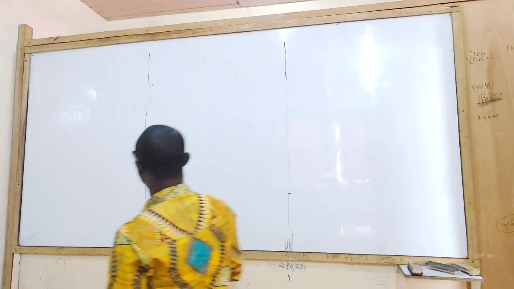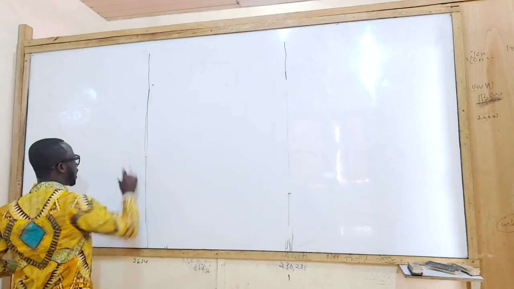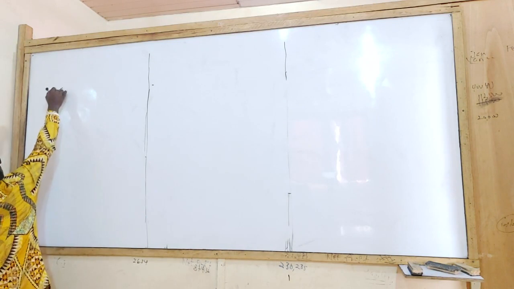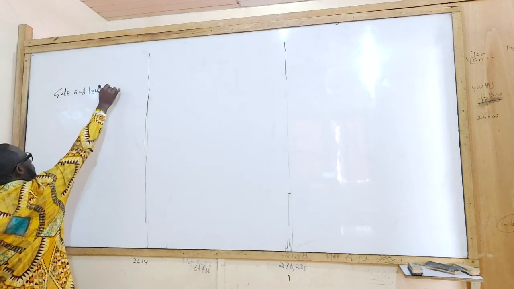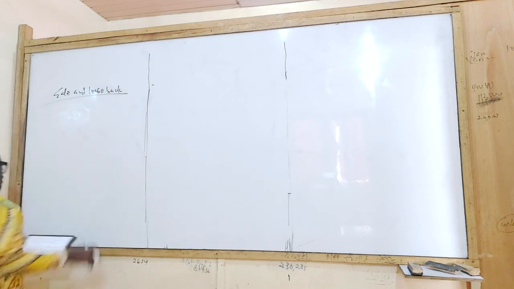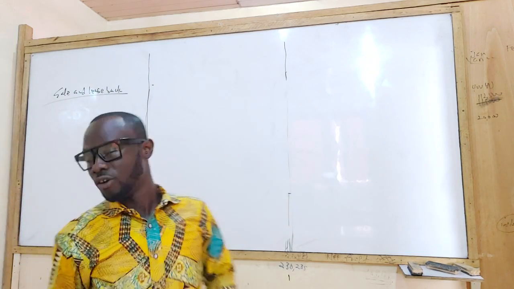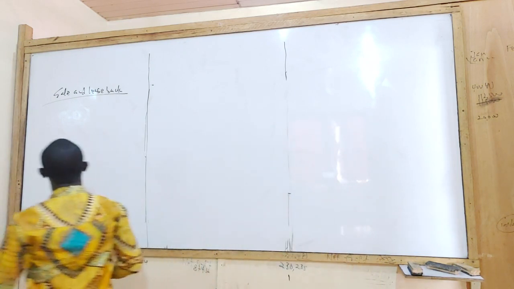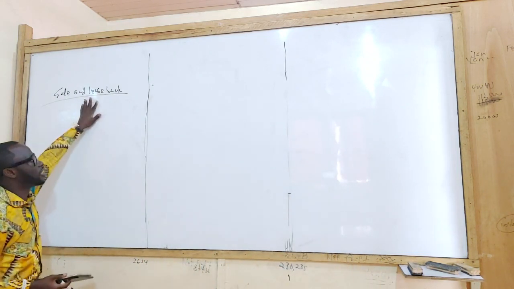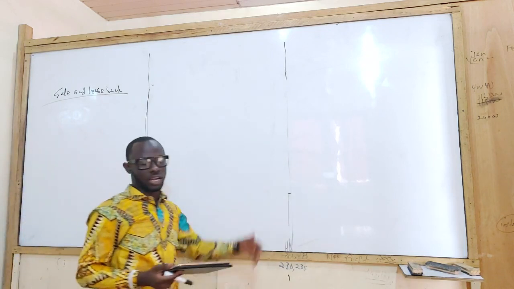Sale and leaseback. So, still on lessee accounting, we want to look at the concept of sale and leaseback. If you remember from your financial management class, one of the sources of funding for a company is sale and leaseback.